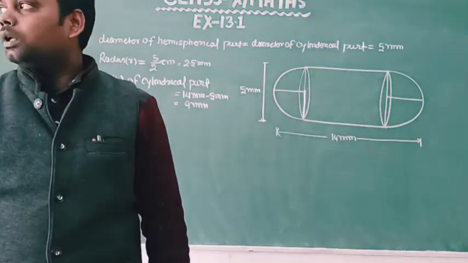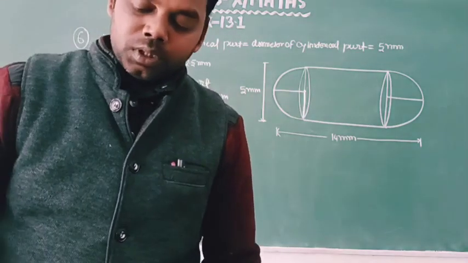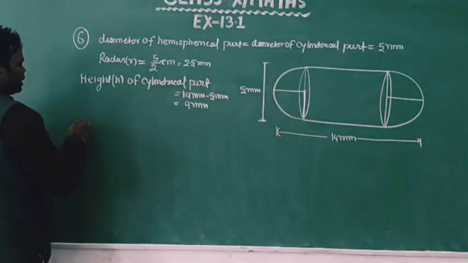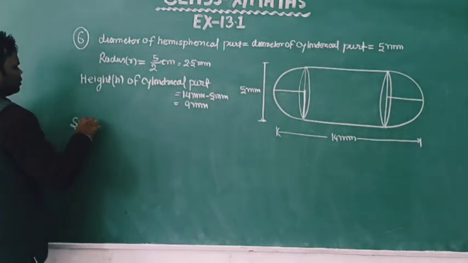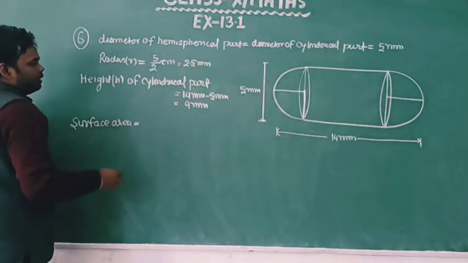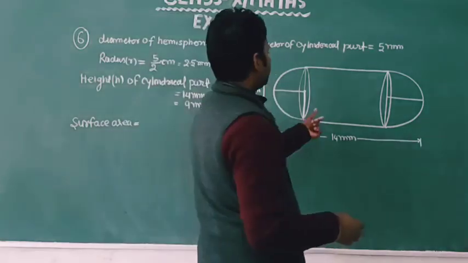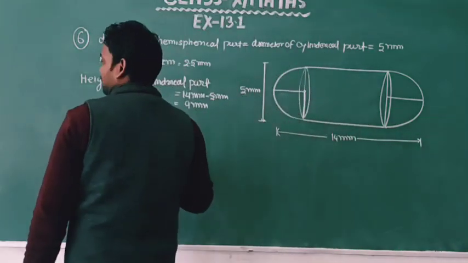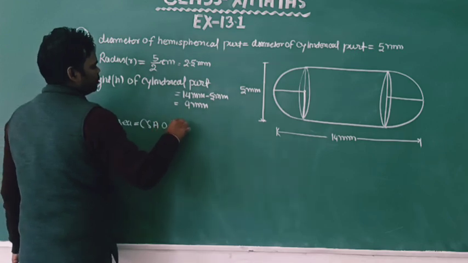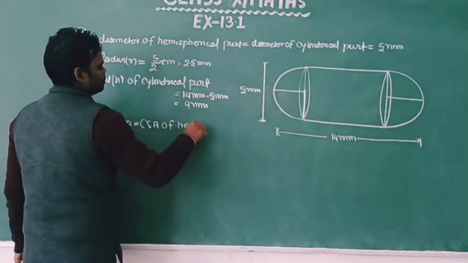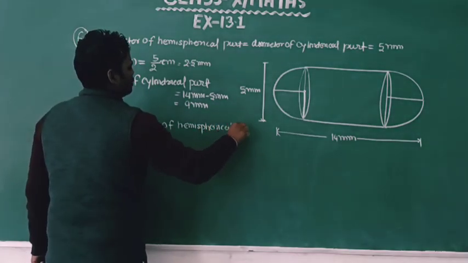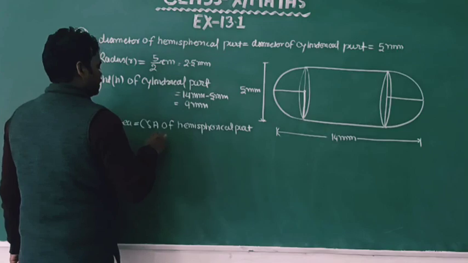Then find its surface area. The surface area is calculated by the CSA of the cylindrical part plus the CSA of the two hemispherical parts.